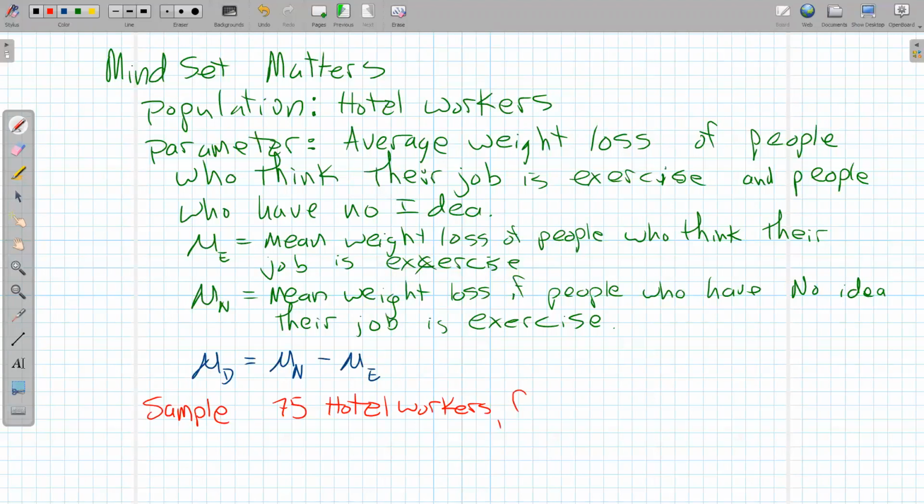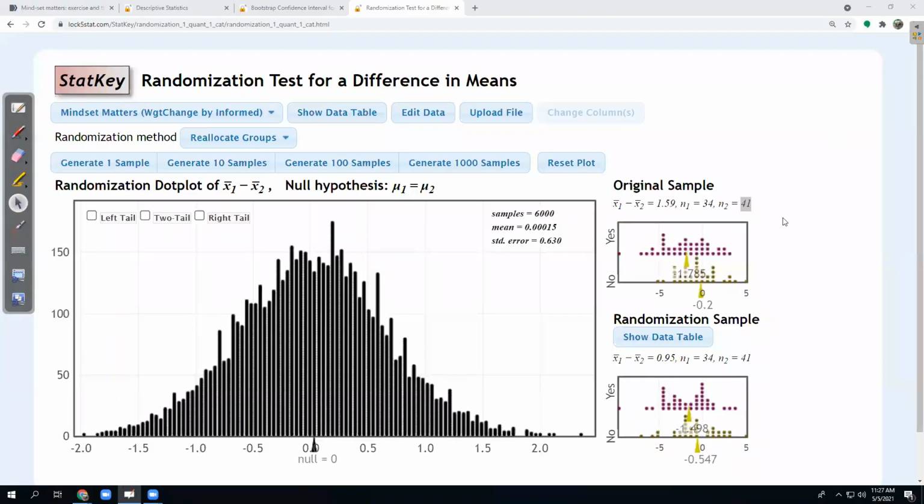Pretty sure they were all female, which is interesting. Some gender bias going on there. And they had an X bar for the no's that was, I think, negative 0.2-ish. Yep. And then negative 175 was the other one.